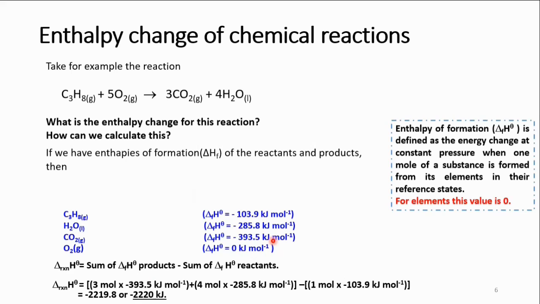Now, enthalpy changes for chemical reactions are very important. And we can calculate the enthalpy change for a chemical reaction, for example this one here, if we know the standard enthalpies of formation for the reactants and products.